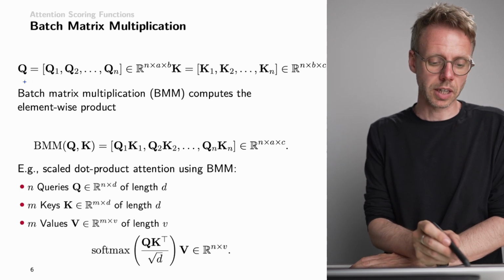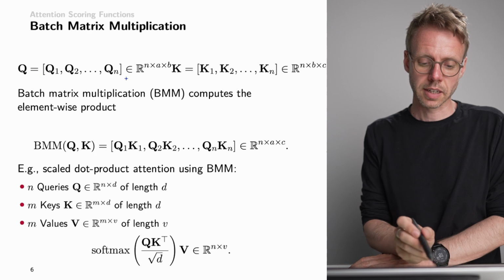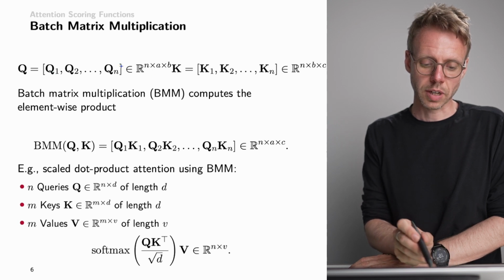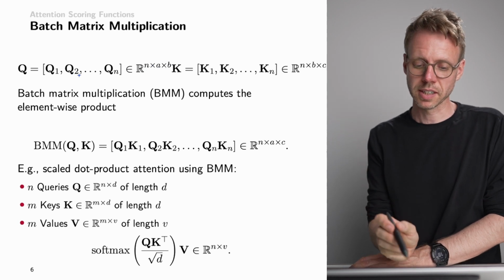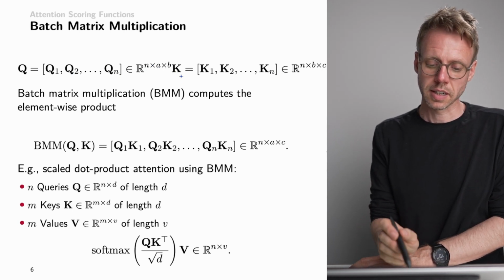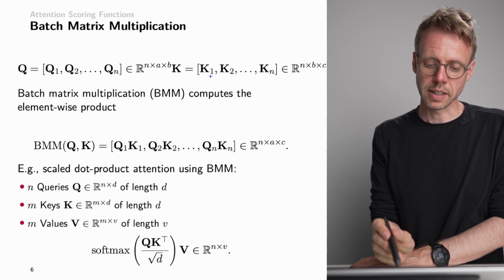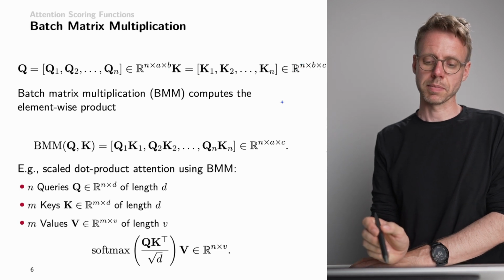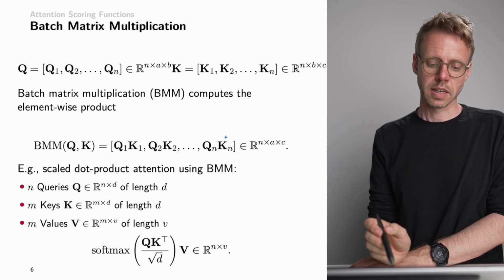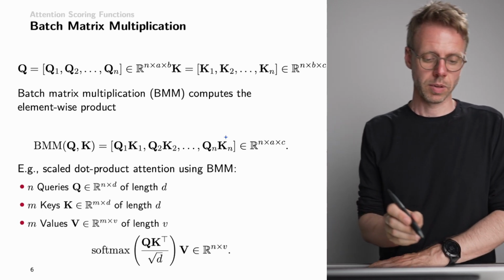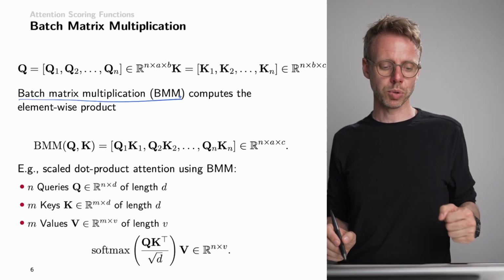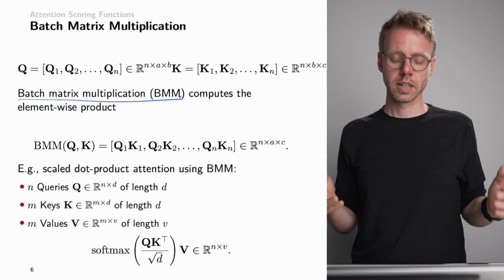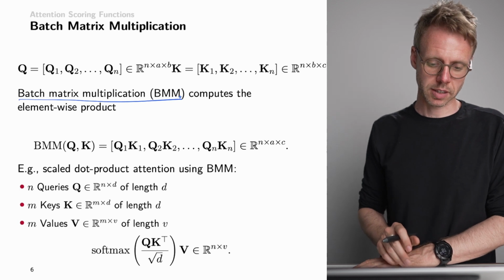So we might have a query tensor that has n A times B query matrices and apply this to a key tensor that is of dimensions n times B times C. Then we can use batch matrix multiplication to compute these element-wise products.